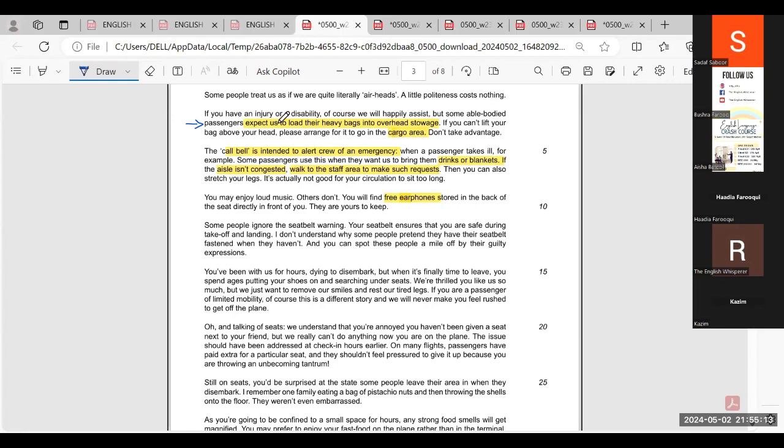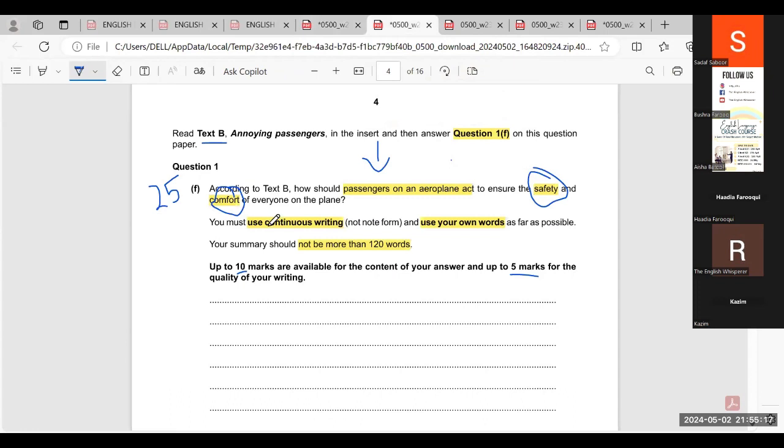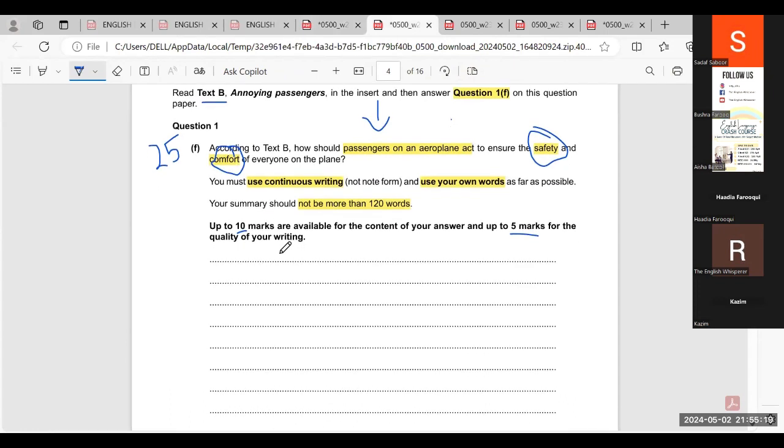All right. So you need to make sure, as a rule of thumb, what I tell my students is, because it doesn't tell you the number of points, it says 120 words. And trust me, they will deduct marks if you write more than 120 words.